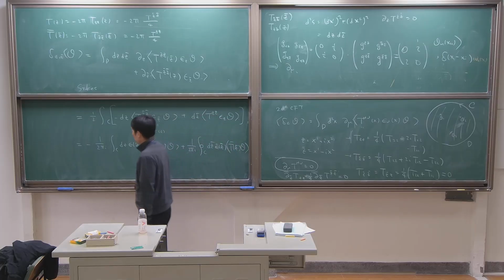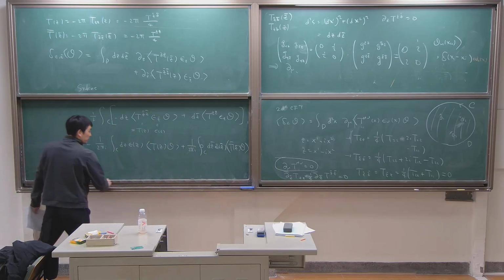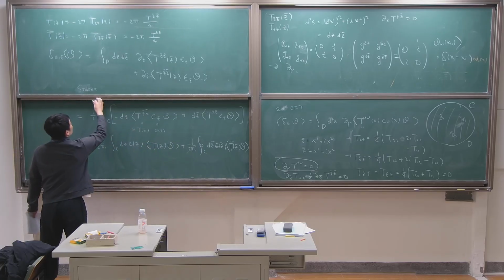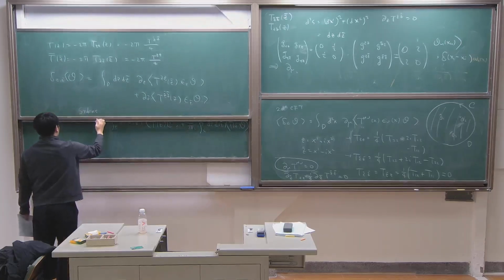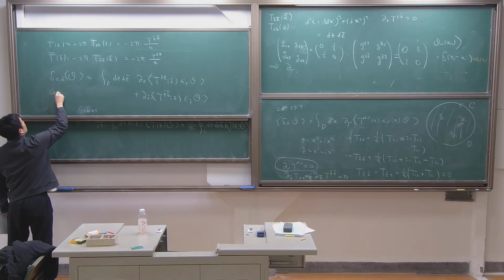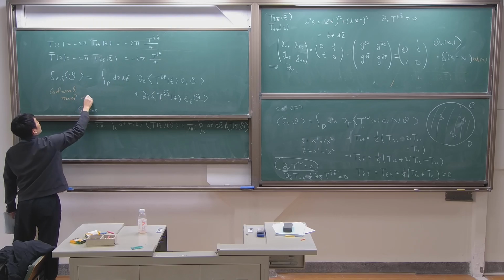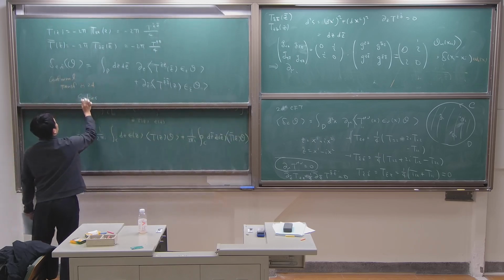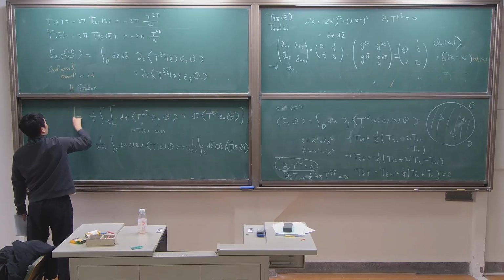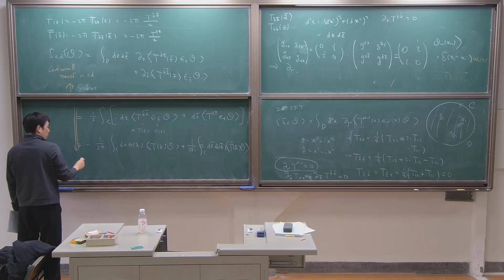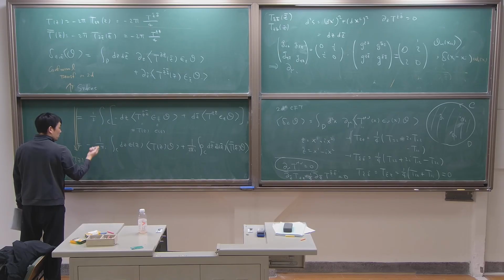So this means that, okay, what we learned from this Ward-Takahashi identity, the important lesson, is that the conformal transformation in 2D is equivalent to computing the T of z operator of some function.